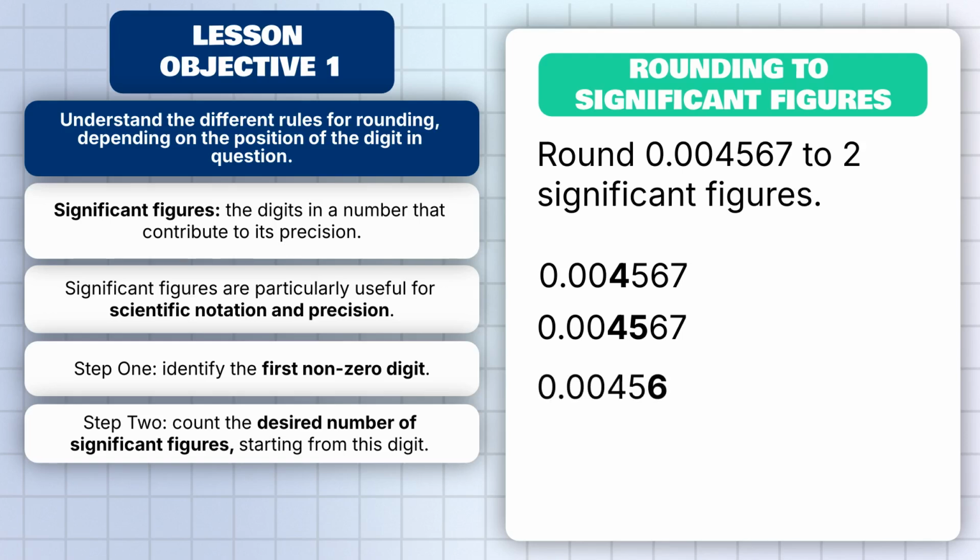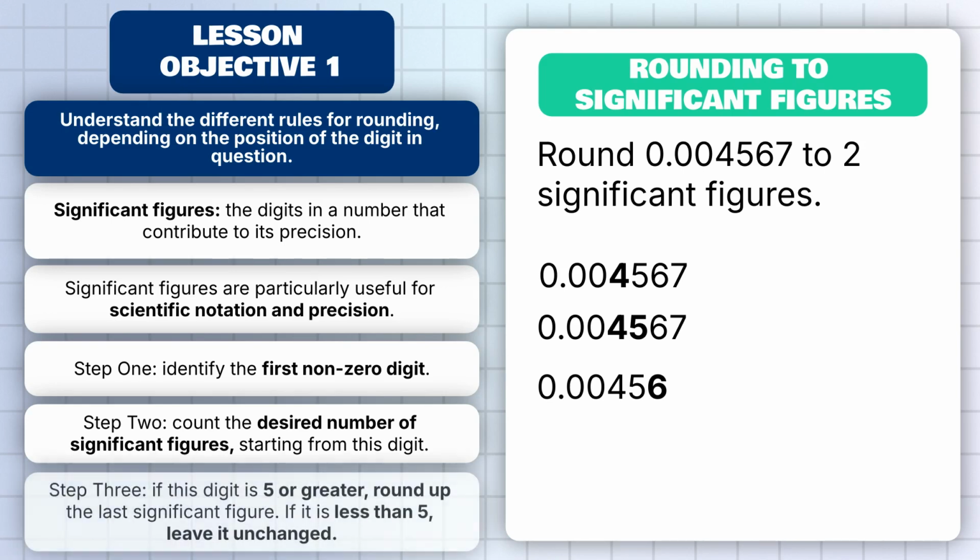For us, this is the 3rd digit, which is 6. If this digit is 5 or greater, then we round up the last significant figure. So here, our 5 changes to 6. If it is less than 5, then we leave it unchanged. Therefore, 0.004567 rounded to 2 significant figures is 0.0046.